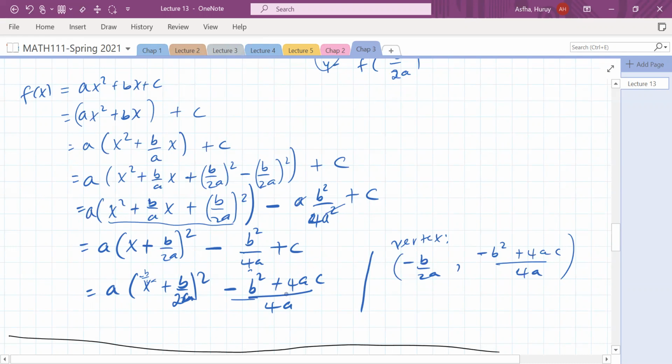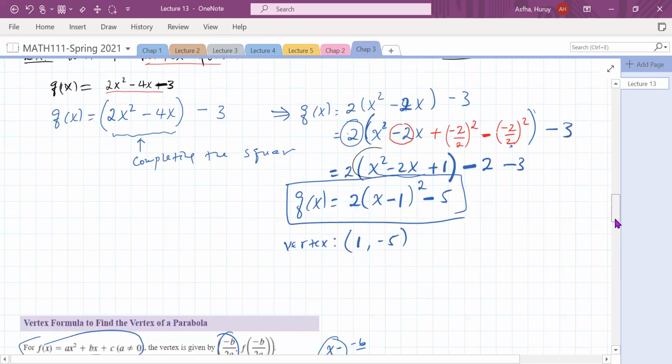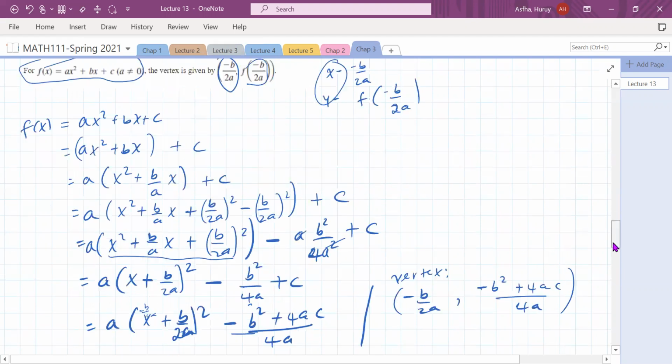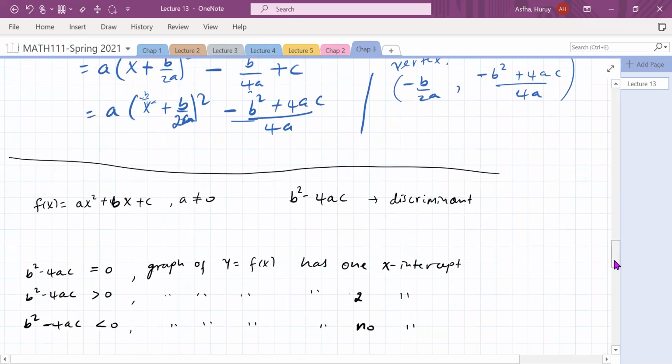So we are left with this one. And that's basically what we have. This is f of negative b over 2a. So in general, without converting this into vertex form, we can use this formula or this notation or this coordinate to find the vertex of a quadratic function. Okay.